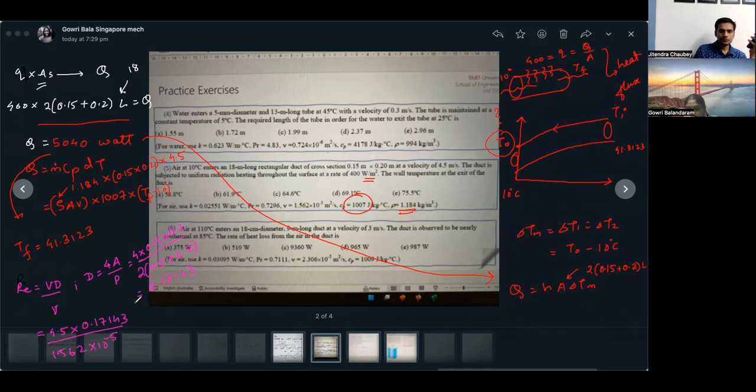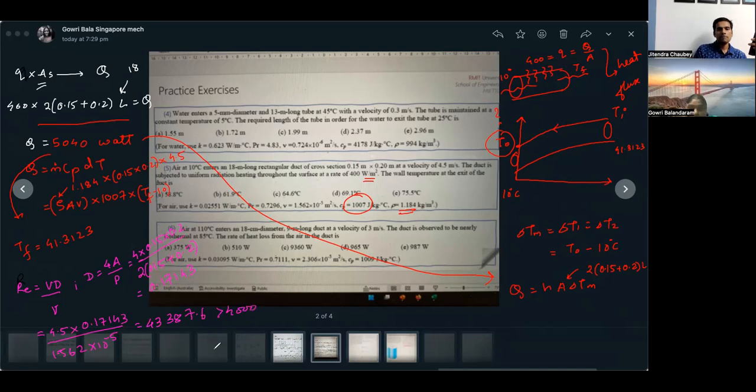So 4.5 into 0.17143 divided by 1.562 into 10 raised to minus 5. I got a big number, 49387.6, which is more than 4,000.